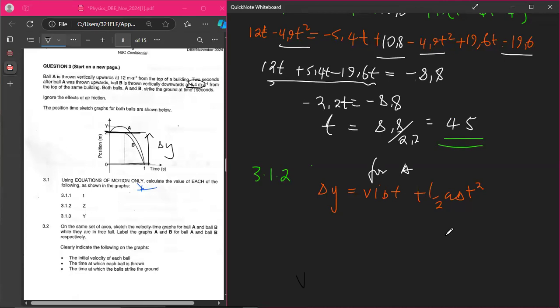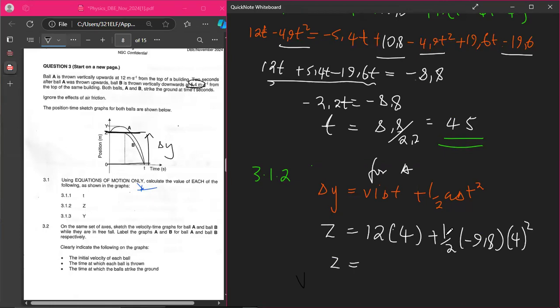And then z will be vi, which for a was positive 12, and then time, a was 4 seconds, plus 1 over 2 and the acceleration is negative 9.8, and then t squared, that's going to be 4 squared. And then finally, z is going to be equal to what?